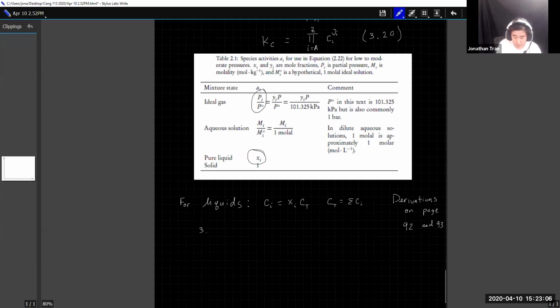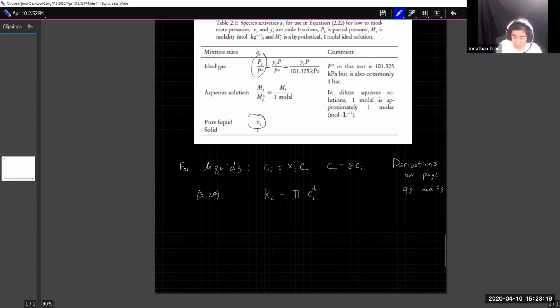And starting from equation 3.20, we know that K sub C is equal to the product of C sub I to the power of nu I. Making a substitution in for the definition of C sub I written above, I'm sort of skipping some steps here, but this is going to be equal to the product of x sub I to the nu I, times the product of CT to the nu I. And then this can be written as, because this here, in the case of liquids, is simply Ka, since the activity is simply the mole fraction of the liquid, this is simply Ka, times what will simplify down into CT to the power of delta, where delta is equal to the summation of nu I.